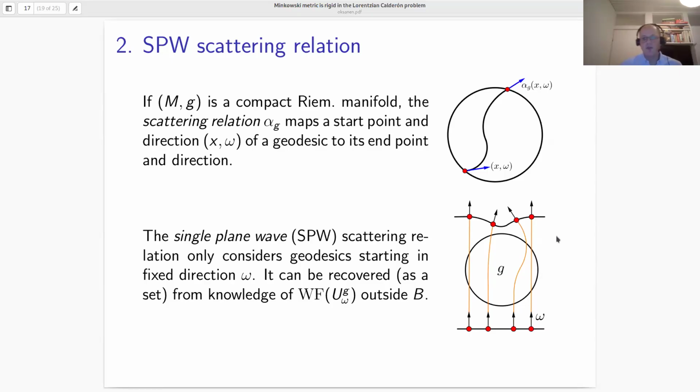If I think about this plane wave that goes through this region of interest, just by looking at its wavefront set outside of the region of interest, we can get these directions and this surface here as a set. We don't get the mapping from this particular vector to that particular vector, but we get this curve here together with these normal vectors.